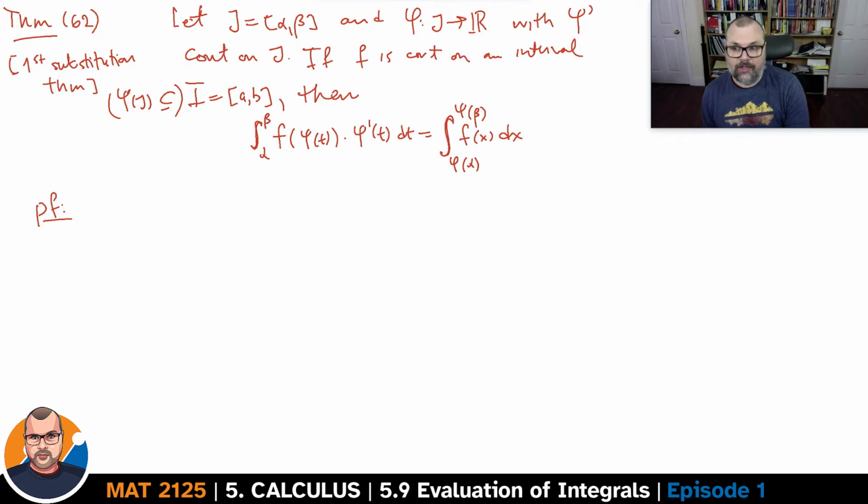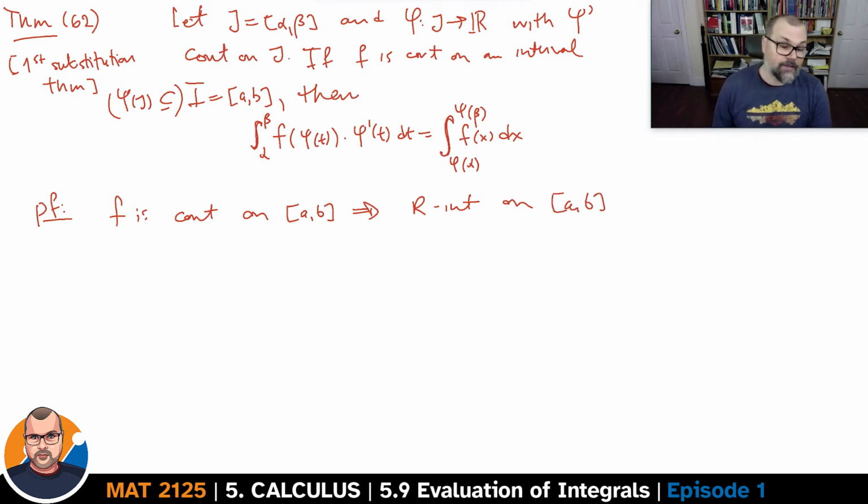Now we've assumed here that f is continuous on the interval [a,b], so it is R integrable on [a,b] and on subsets of [a,b].